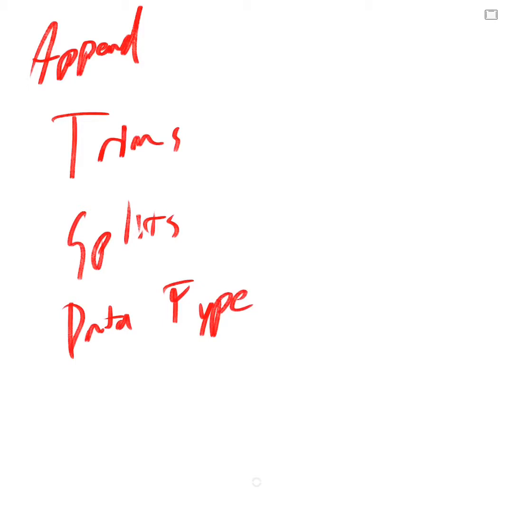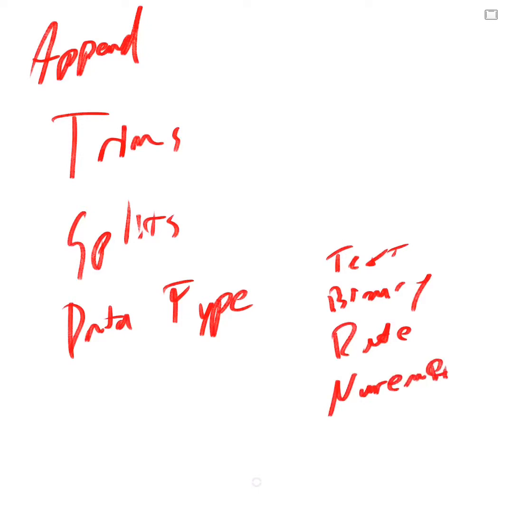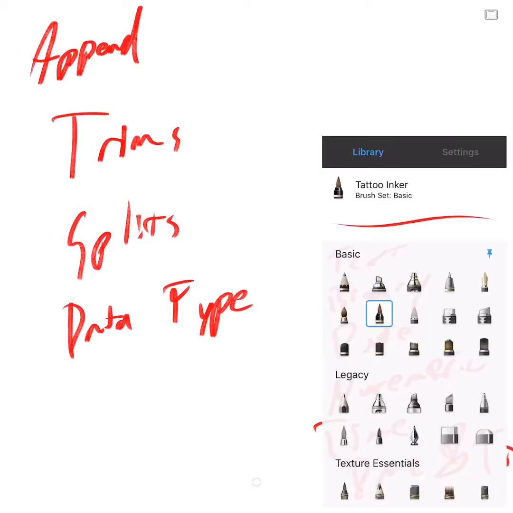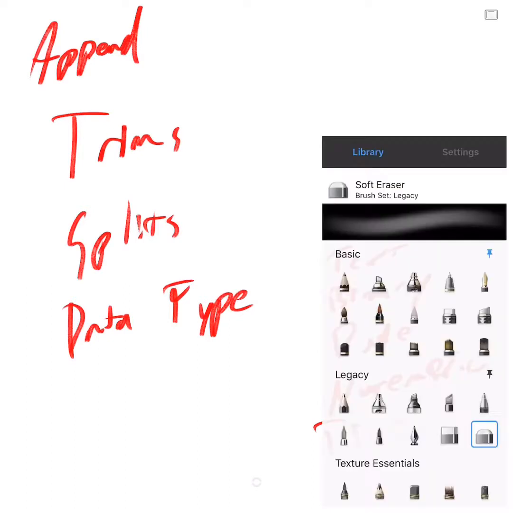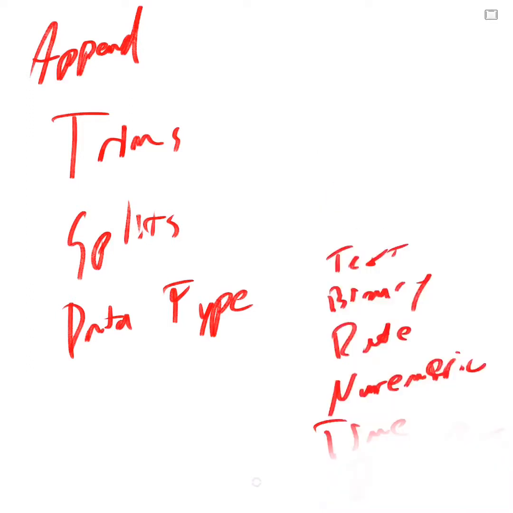So this will be like text, binary, date, numeric, time, and then obviously date time. Man, that was bad. Let's see if we can work that out really quick. There we go.